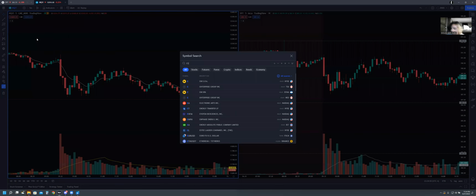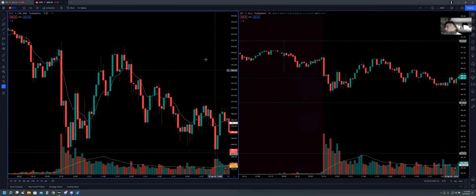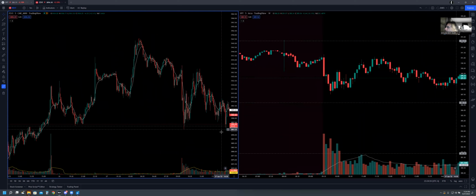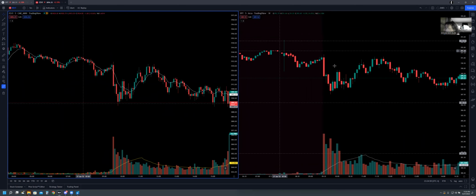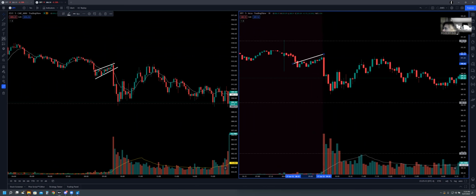Let me change it to ES. All right, so this is ES and this is SPY on this side. You can see that ES right here bear flagged, and SPY was bear flagging as well.